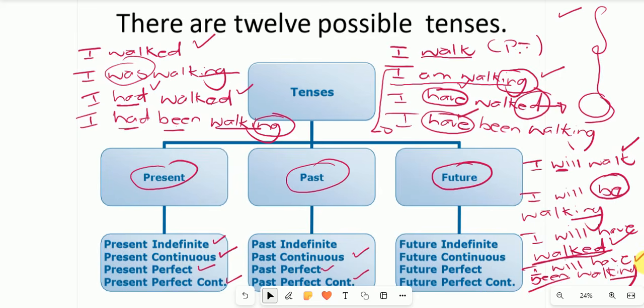So these are the tenses in depth. Besides your simple present tense or indefinite tense, past tense and future tense or continuous, we can also break them down into an in-depth analysis of tenses.